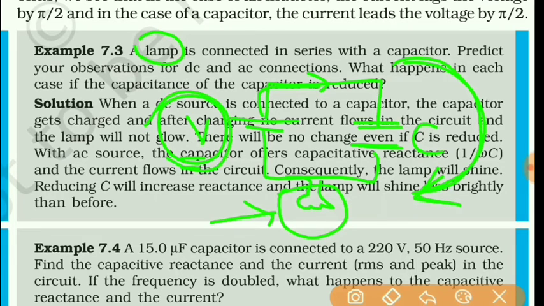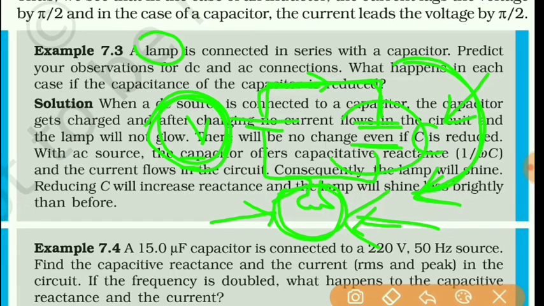But when the DC source is connected with the capacitor, current does not flow, and so the lamp will not glow. But students, it may happen that initially when the capacitor gets charged, for that moment this lamp may glow. It will just glow and stop. But then it will not glow, because now the capacitor is charged and the current is not flowing through it.